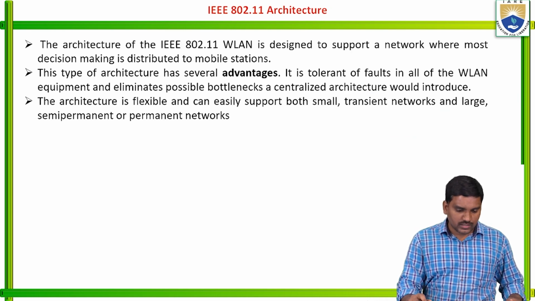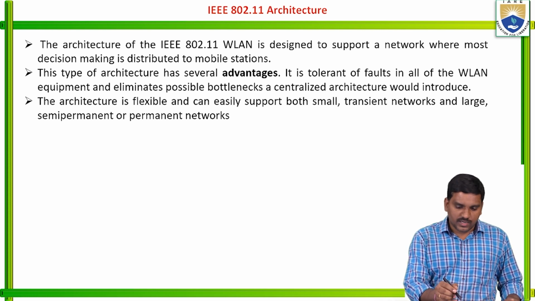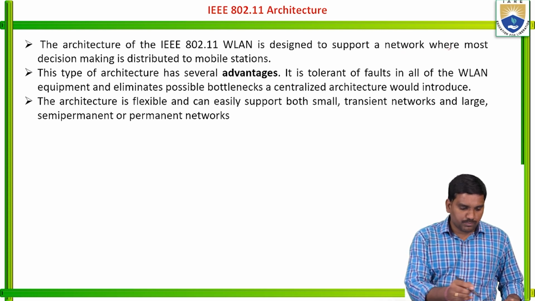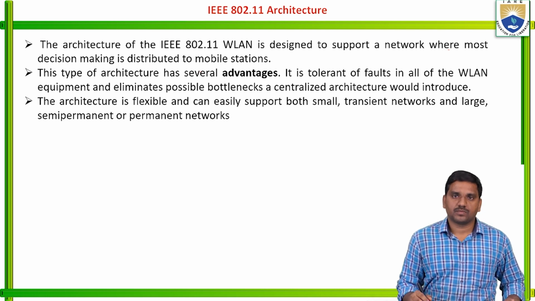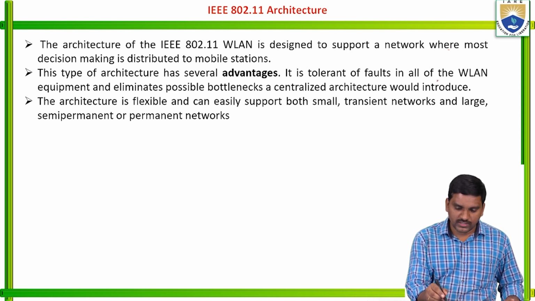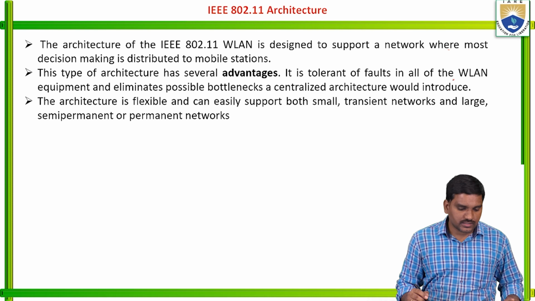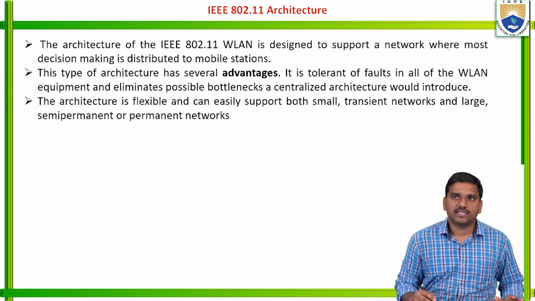Next, move on to some more information on the architecture. It supports a network where most decision making is distributed to mobile stations. This type of architecture has several advantages also. It is tolerant of faults in all of the WLAN equipment and eliminates possible bottlenecks that a centralized architecture would introduce.